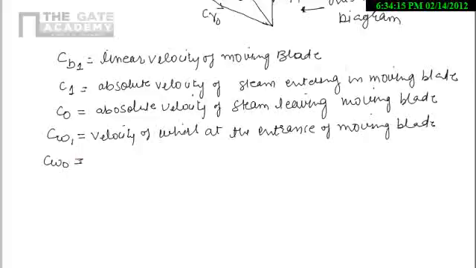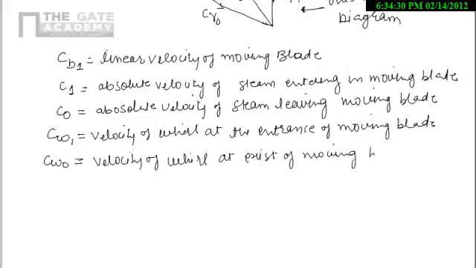Similarly, Cw naught, that is velocity of wheel at exit of moving blade. So here I will mention this velocity of wheel is only the velocity component which is responsible for rotation. So it is very important for calculating force and power.